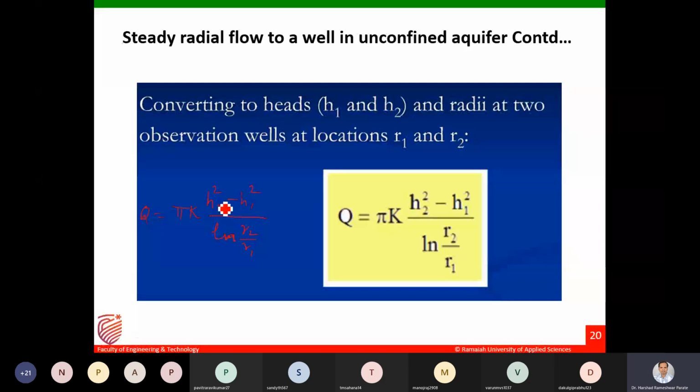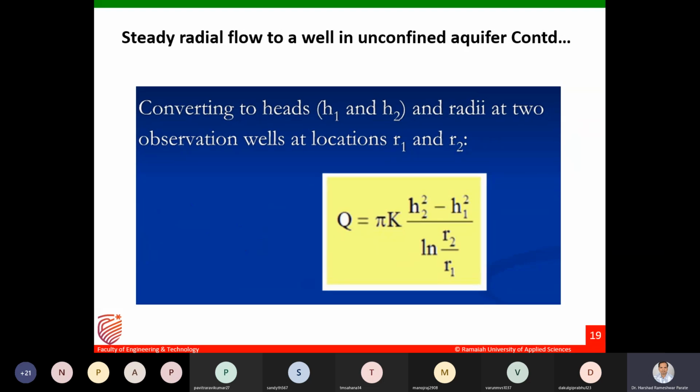Here the square term comes. You cannot replace it directly with S1 square minus S2 square, because it's a square term. If you know the drawdown, we need to convert that drawdown into piezometric heads. The total depth of saturation minus the drawdown gives you the piezometric heads, and you should put the value in terms of piezometric head for unconfined aquifer. Why does this square term come?